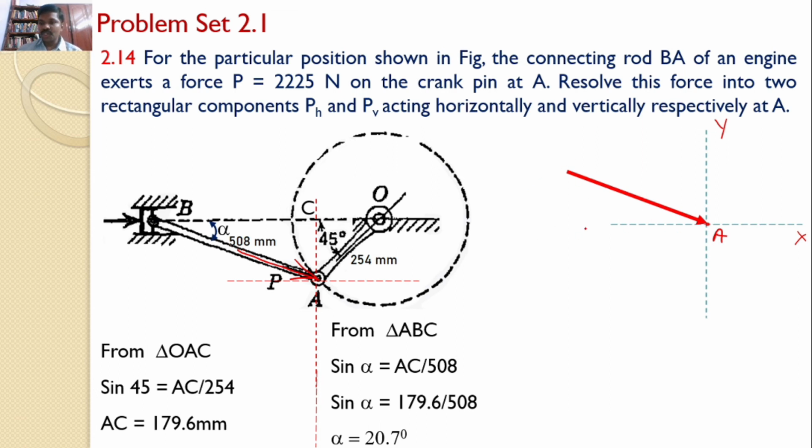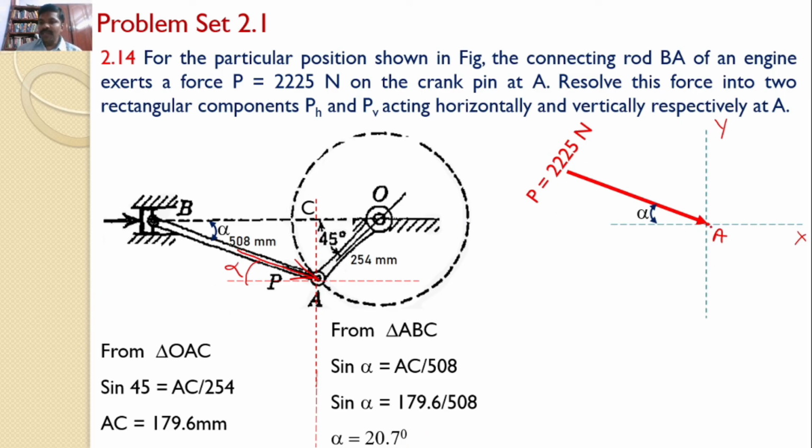Because if this angle is alpha, this angle must also be equal to alpha, because opposite angles are the same. We calculated this alpha value as 20.7 degrees.